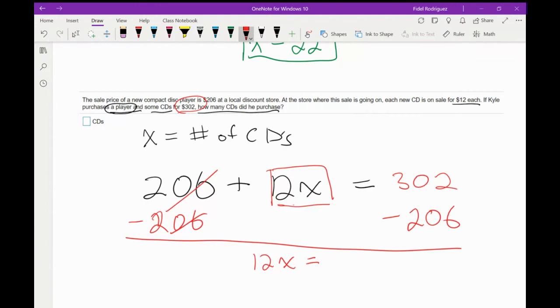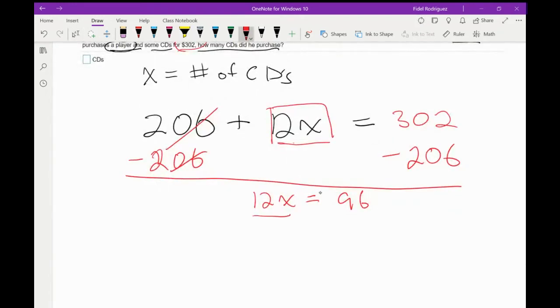So let me see, 302 minus 206. That's leaving me with 96. And then my last step is to go ahead and divide both sides by the number 12. And let's see, so if I take 96 and I divide it by 12, I'm coming up with 8. Okay, so 8 CDs, right?